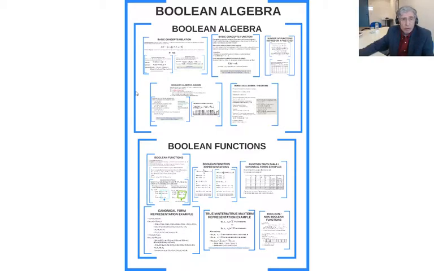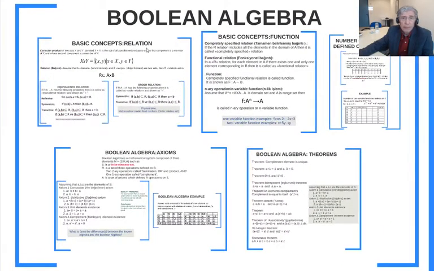In Boolean algebra, we've got 5 frames. For each frame, there's going to be a video. What we're going to see in here are the basic concepts. One of them is the relation, because the relation is the beginning of everything.